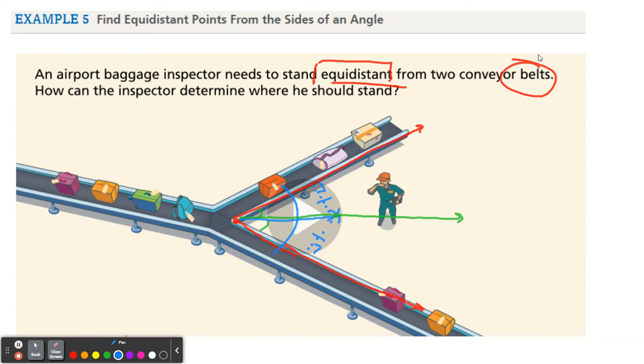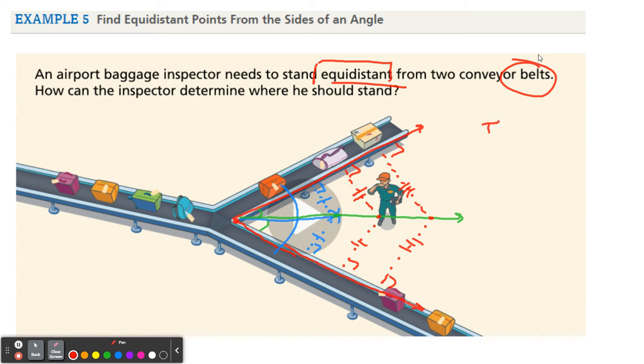He could stand there. He could stand back here if he wanted to, right? Perpendicular distance, perpendicular distance. Again, my line's a bit off, but those should be the same. So anywhere along this angle bisector, he could stand, right?